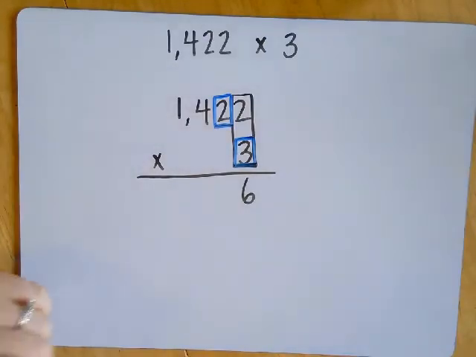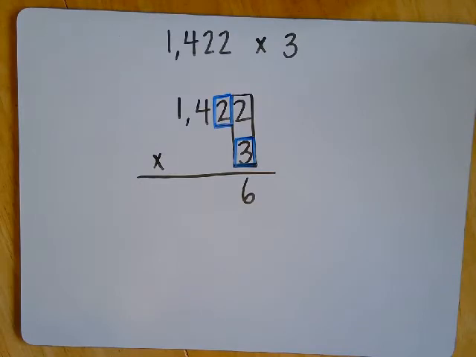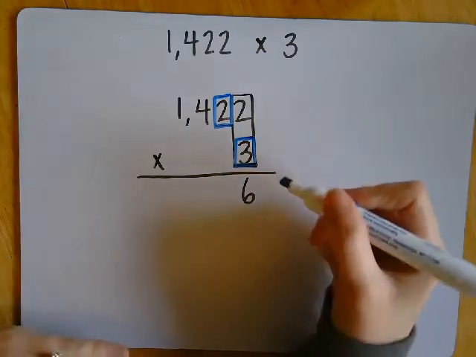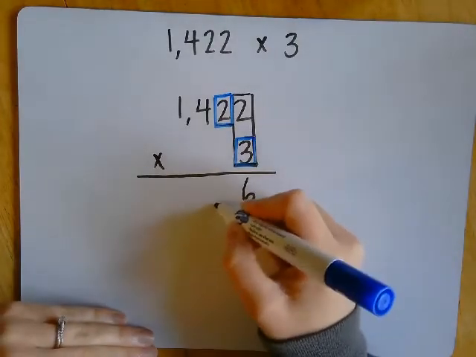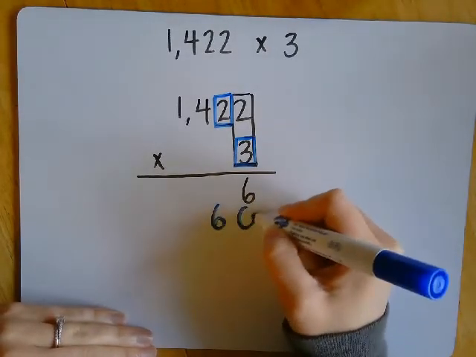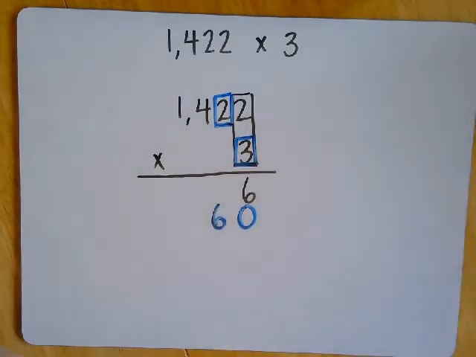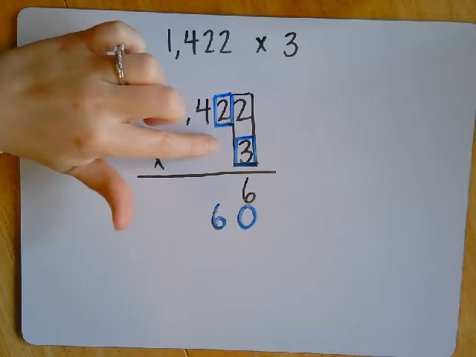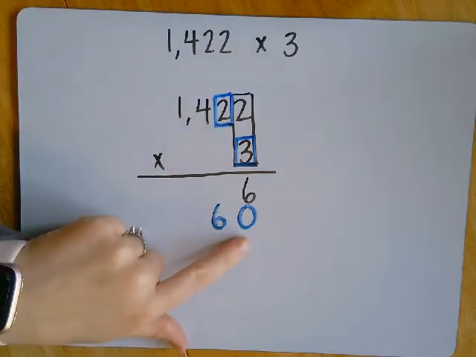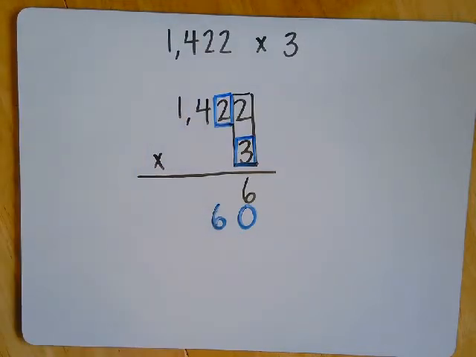If I think of that as just 2 times 3 first, I know that 2 times 3 is 6, but because it's in the tens place, I need to add a 0 to my first answer. So remember, 2 times 3 is 6, but because it's in the tens place, I need to add a 0 in my answer. So that is actually 60.